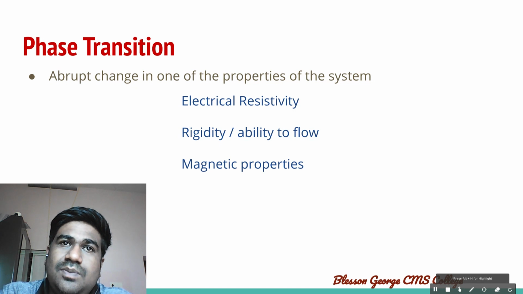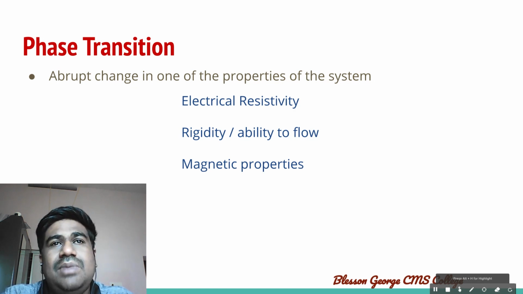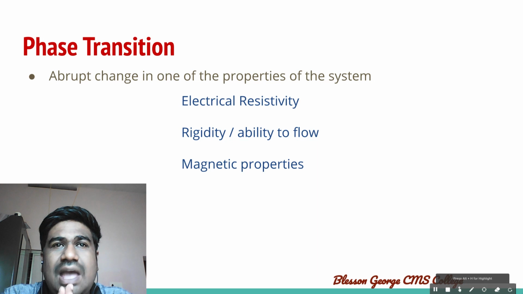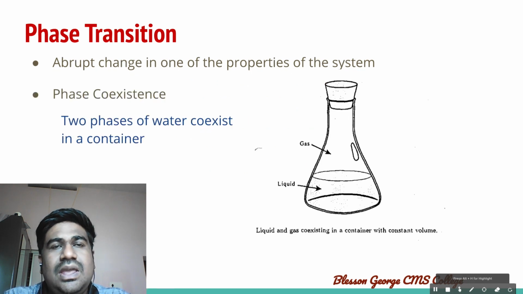Once it transforms into a solid, it suddenly loses its ability to flow. Similarly, the magnetic materials we discussed change their magnetic properties suddenly. So this abrupt, discontinuous change is one of the properties of phase transition.